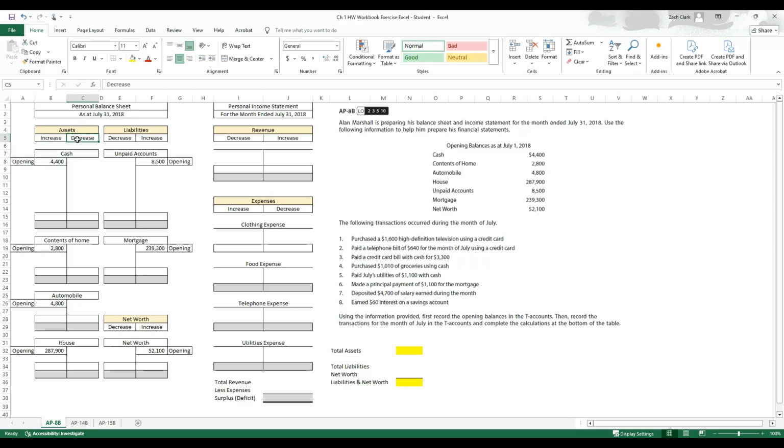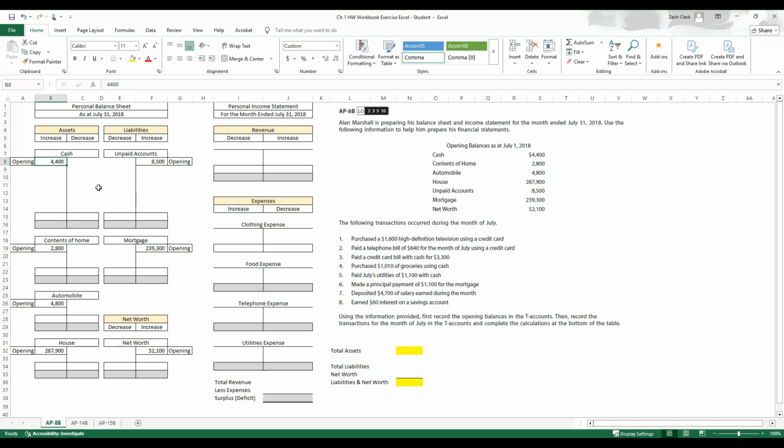So you could almost think of this as like opening or increasing side, but we just put it as increase and keep it a little bit more simple. There's only really one time where you put the opening balances, so it's not something that comes up over and over again when you're doing these problems, but it is something to keep in mind and understand when you're putting the opening balances in.